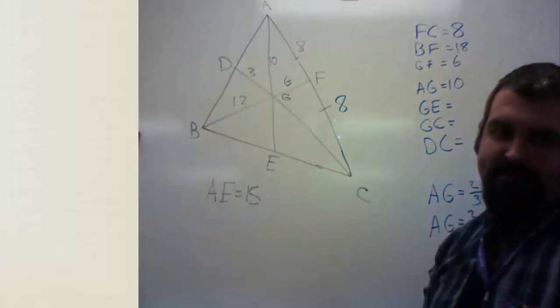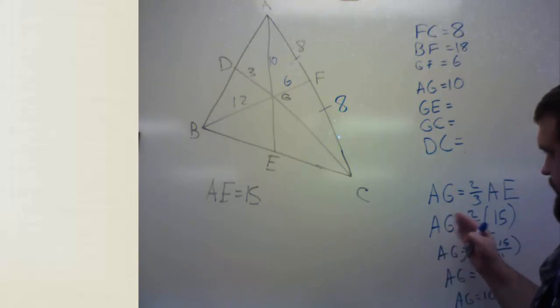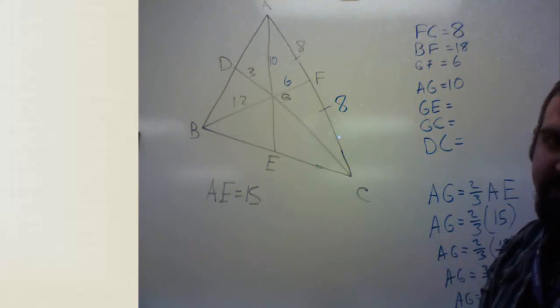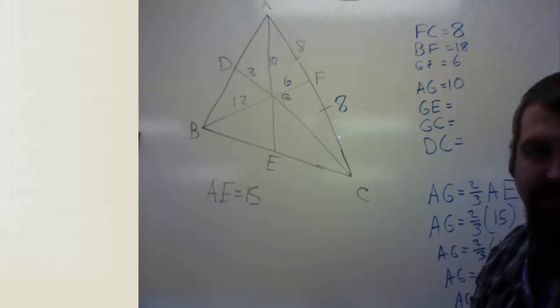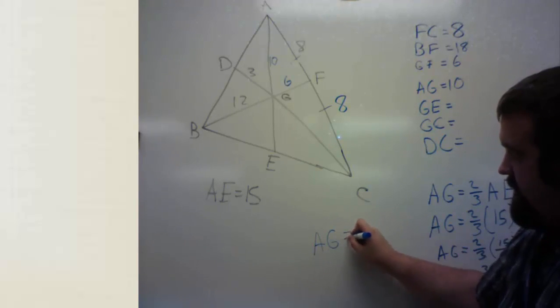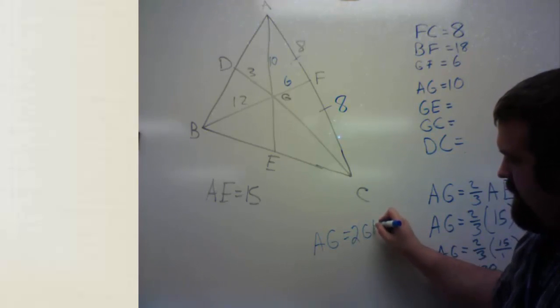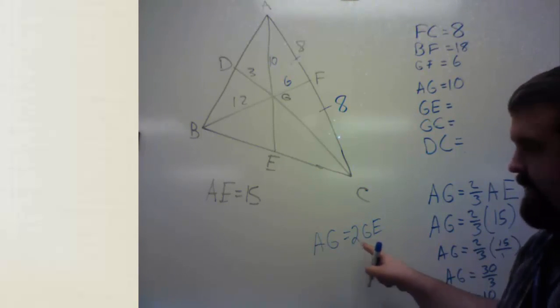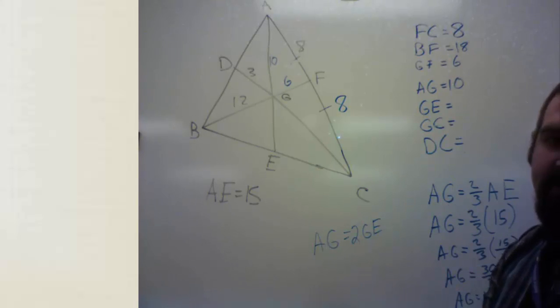So at this point, I could do one of these ratios and say like, oh, the length of segment AG equals 2 times the length of segment GE. So let me write that out for you. I could say this at this point. And then find length of segment GE that way.